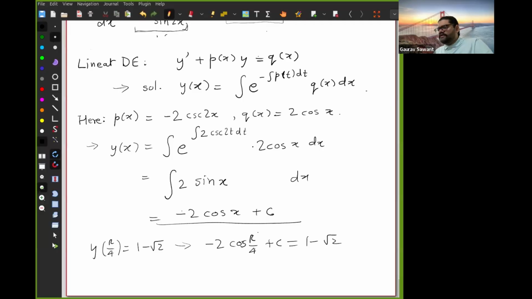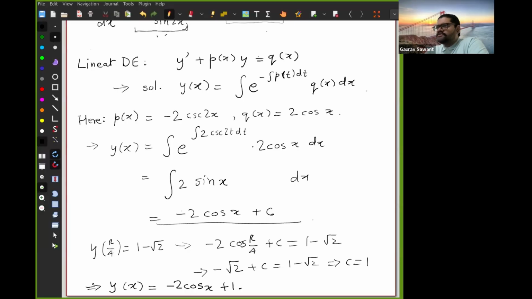Cos pi by 4 is equal to 1 over root 2. So I have minus root 2 plus c equal to 1 minus root 2. It just tells you c equal to 1. And therefore the solution is y(x) equal to minus 2 cos x plus 1.